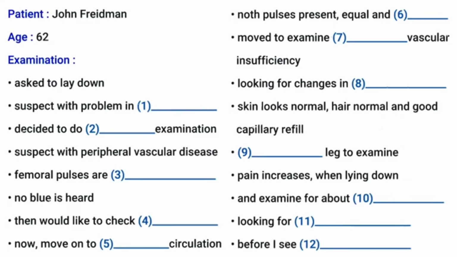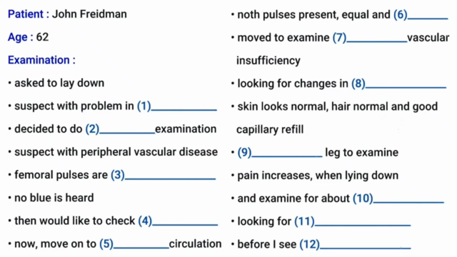I feel both pulses present, equal and bilateral. I'd now like to move on and do another examination looking for some of the physical signs of vascular insufficiency, and this would include looking for changes in the skin, hair on his feet, his nails, as well as looking at dependent rubor and pallor on elevation.